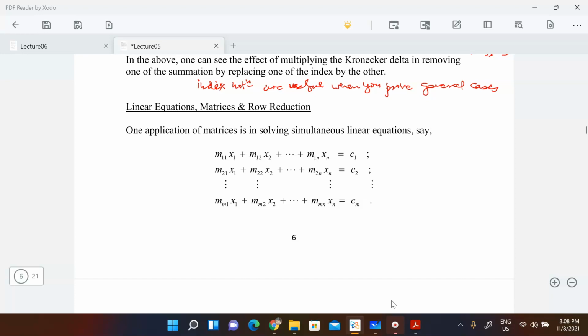You have several equations, but one of the things that is fixed is your x1, x2, up to xn, and they all appear in each of these equations. When that happens, you know that this comes from a much simpler equation than the array of equations you have seen. I can rewrite this as a product of two matrices.